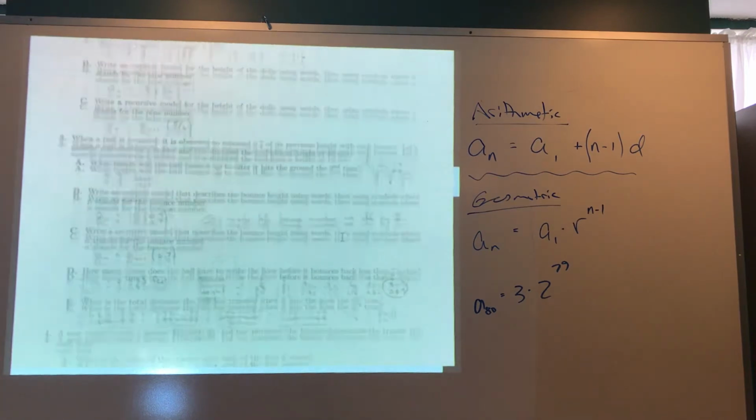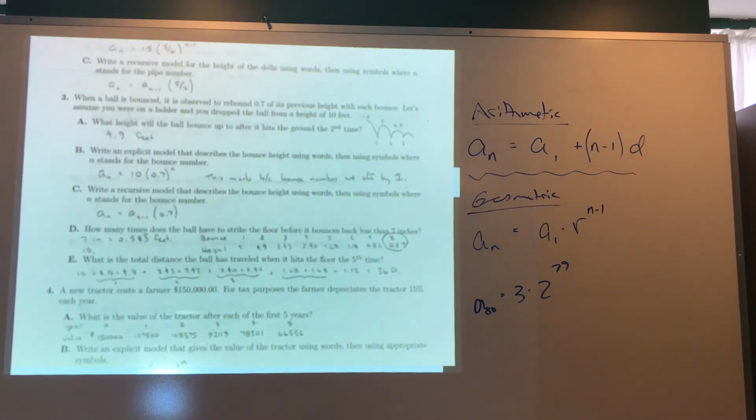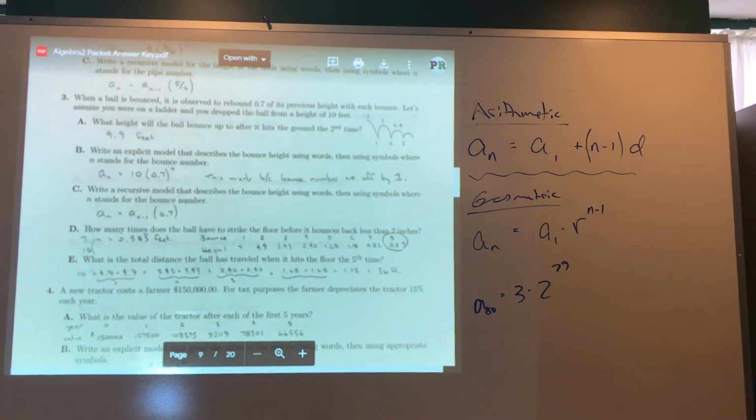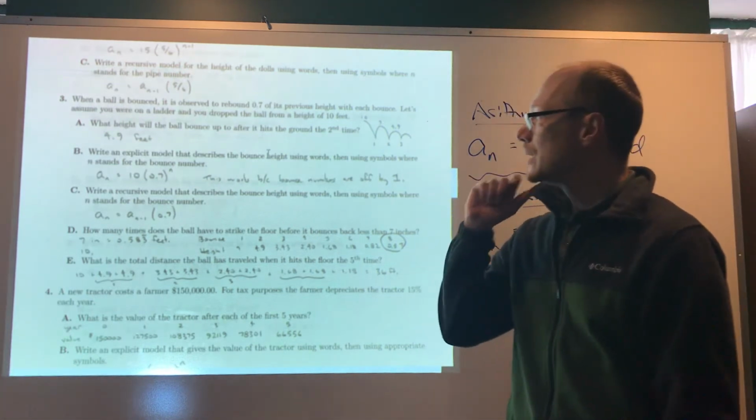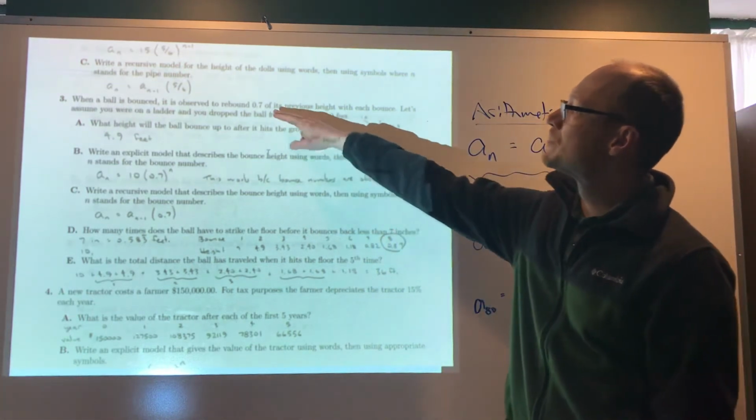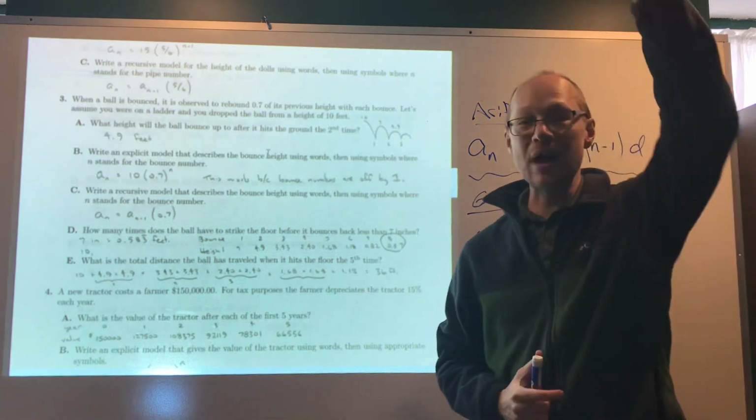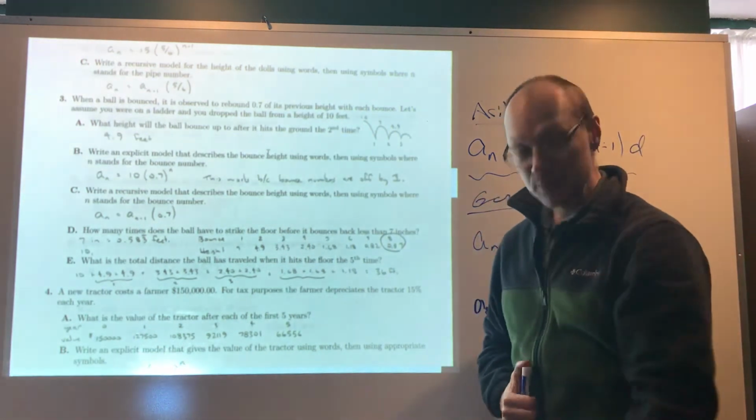Now, I really, really need you to think hard through number 3, especially this one where it bounces. It goes down, up, down, up, down. There actually is twice as many numbers there as you see. But if it rebounds 0.7 its previous height, if you drop it from 10 feet, it goes down 10 feet.